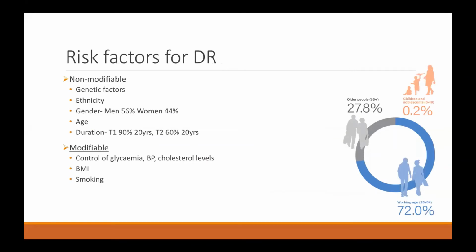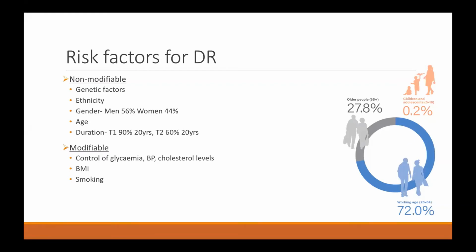So risk factors for diabetic retinopathy. It can be grouped and divided into 2 groups. So you've got the non-modifiable ones and the modifiable ones. So in the non-modifiable risk factors, you've got genetic factors, ethnicity, gender, age, and duration. So with regards to ethnicity, studies have shown that patients from Pakistani or Bangladeshi background are at higher risk, and that's followed closely by African patients.